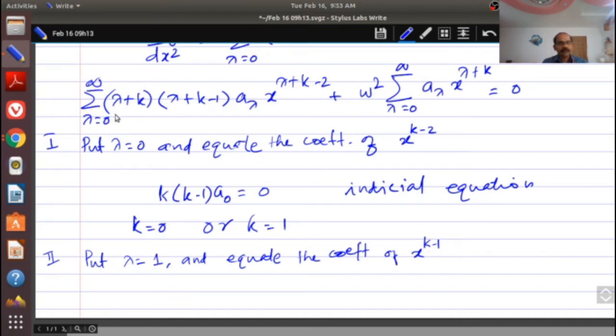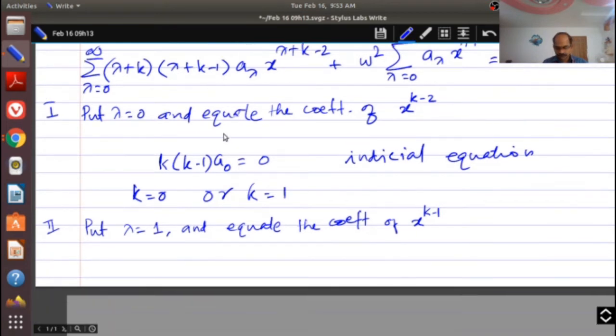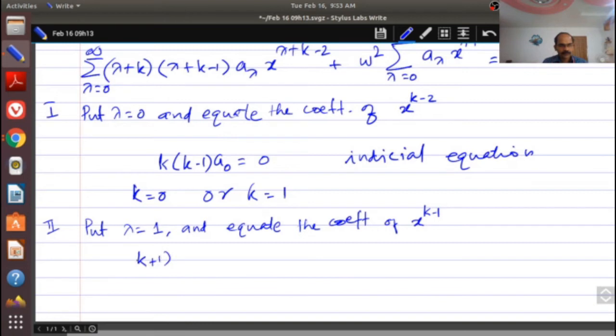So it is k plus 1 into k a1 x raised to k minus 1. So that is the coefficient.